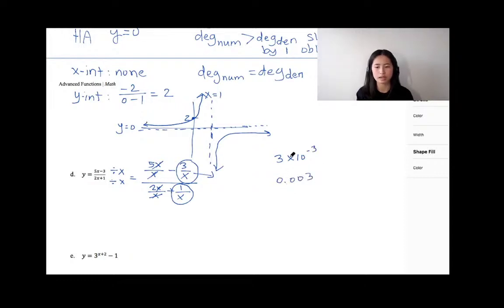As you can see, it's approaching 0. If it's not 1000, you can plug in 10,000 or 5,000, and you're going to see it becomes even smaller, all approaching 0. Similarly, for 1 over x, it's also approaching 0. So we can say that in the end behavior, these two terms approach 0. That's why when the degree of your numerator is the same as the degree of your denominator, your function would have a horizontal asymptote.